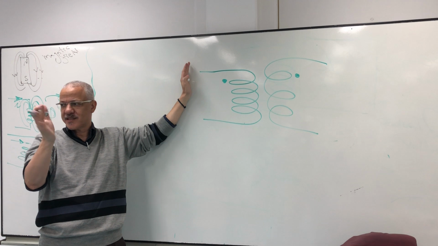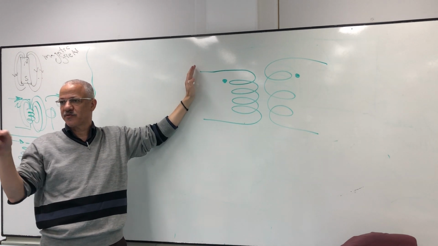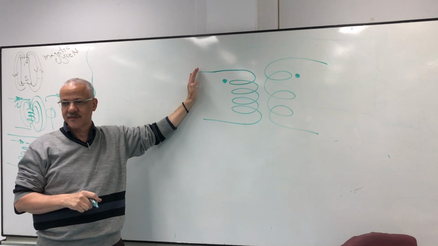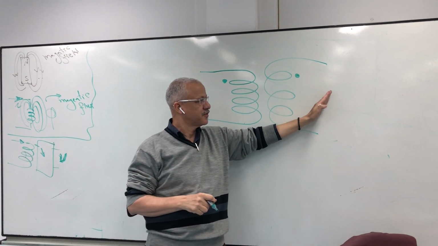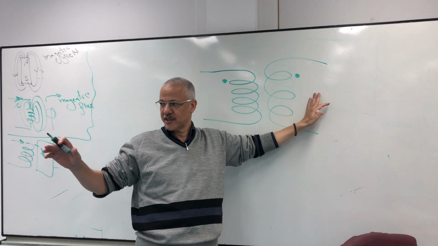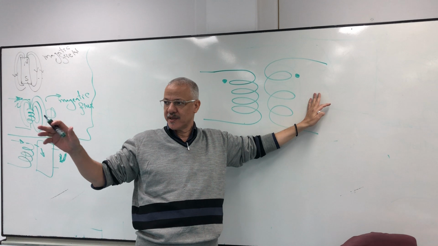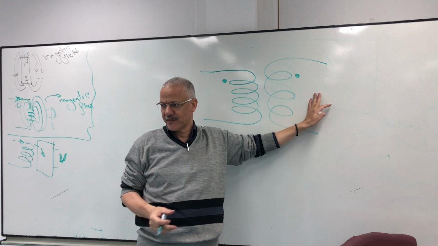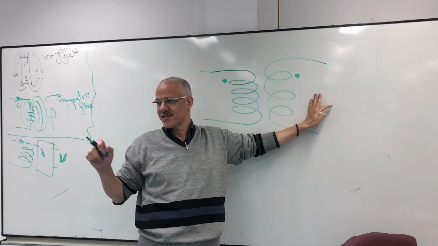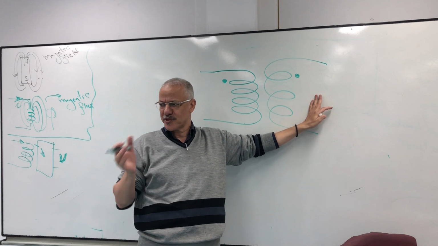The mutual is not a problem, M di by dt, but the problem is the sign, positive or negative. The same for V2. The self term is straightforward: L2 di2 by dt plus or minus M di1 by dt. The problem is the sign, so the most important thing is the sign of the mutual, positive or negative.